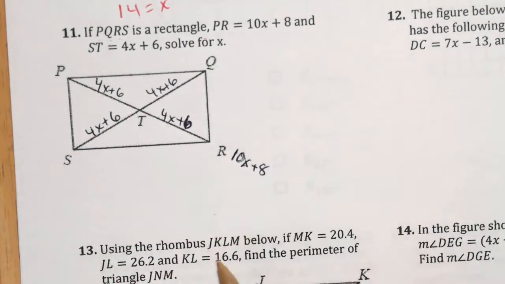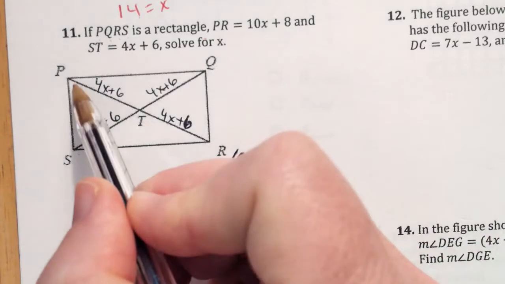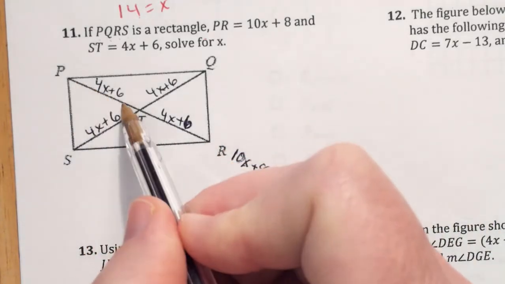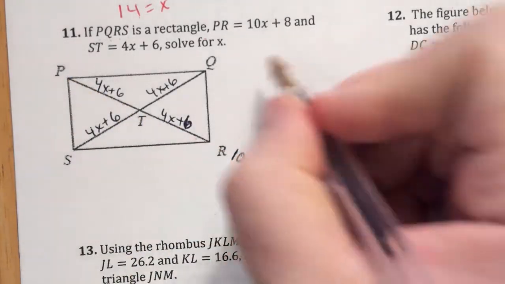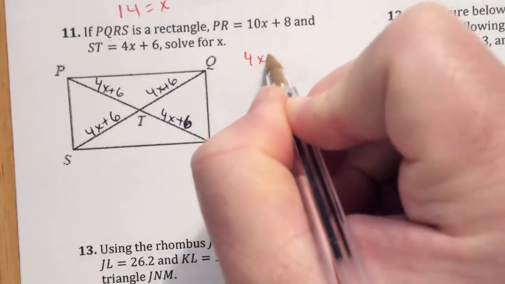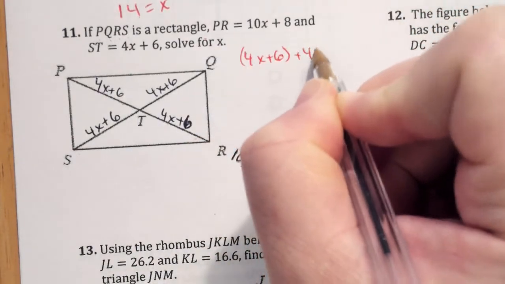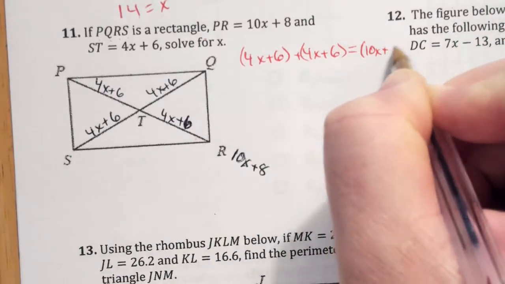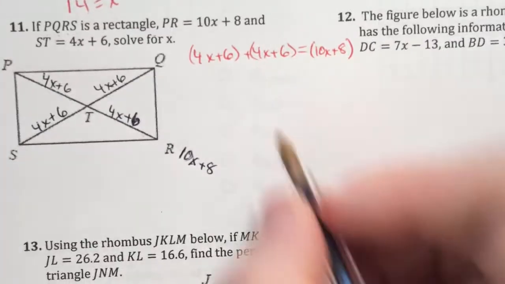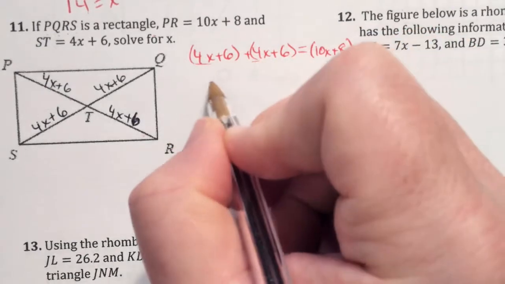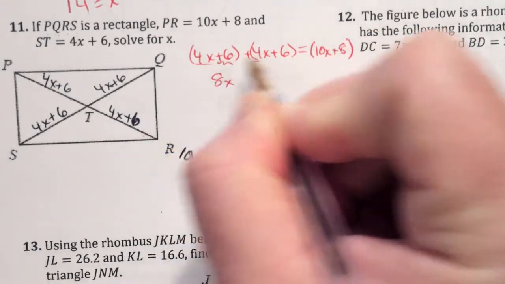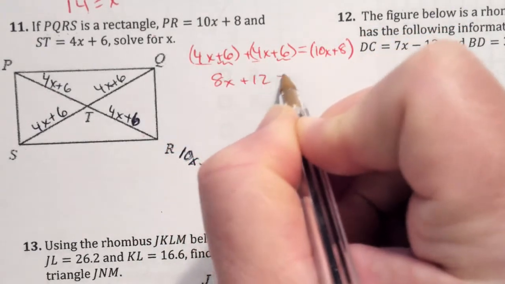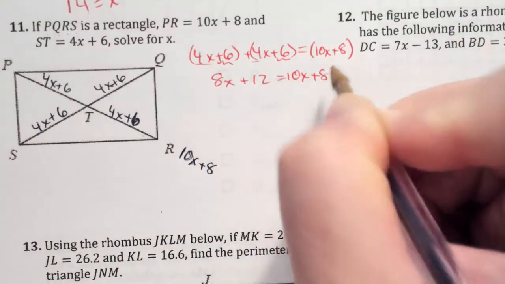Okay, and let's find x. All right, so the whole shebang is 10x plus 8. So this plus this equals the whole shebang. So I'm going to have 4x plus 6 plus 4x plus 6 equals the whole shebang, 10x plus 8. When they're on the same side, do the same operation: 8x plus 12 is equal to 10x plus 8.